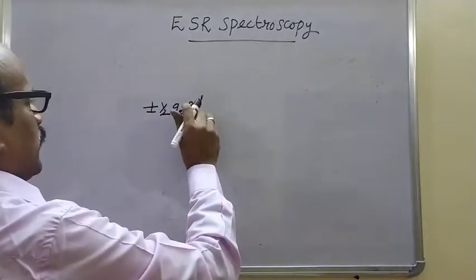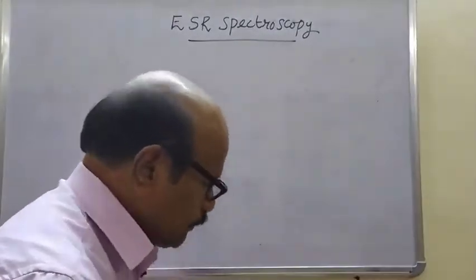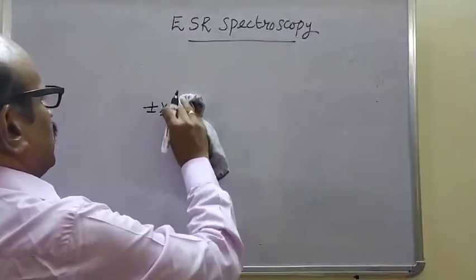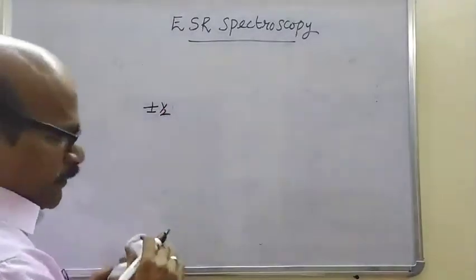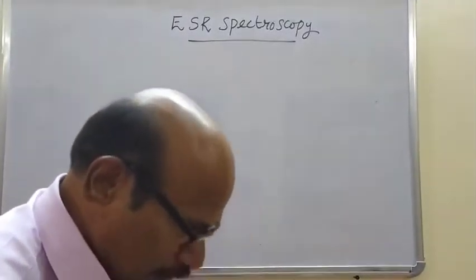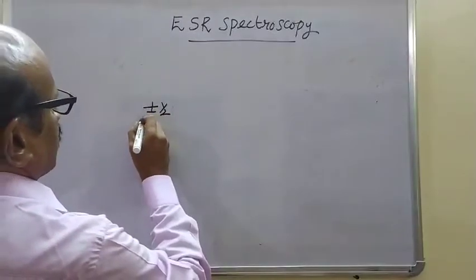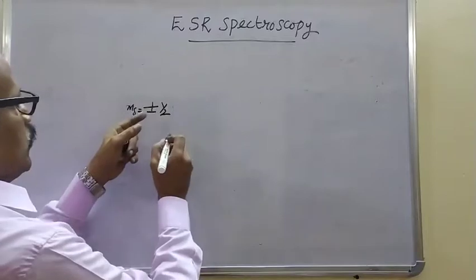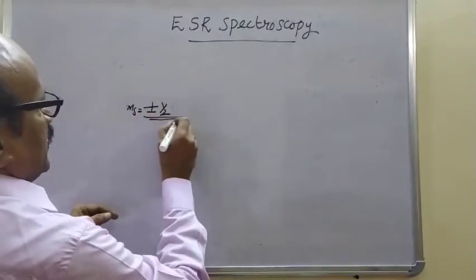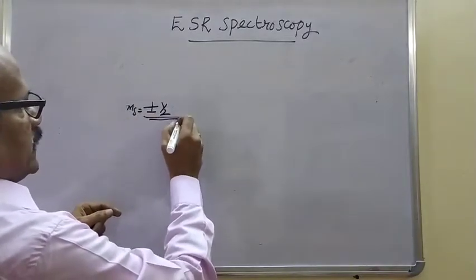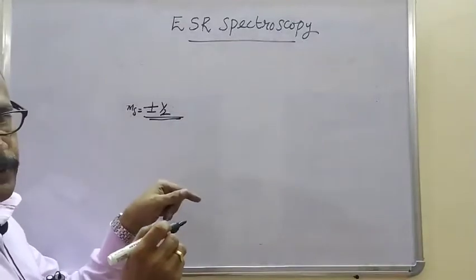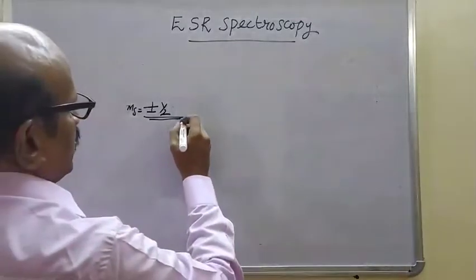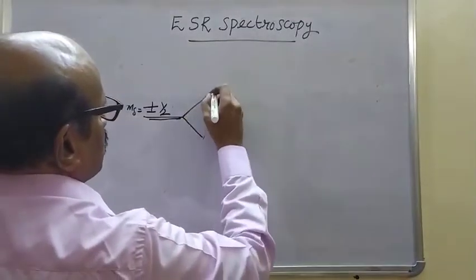Under the influence of an applied magnetic field, this plus or minus spin moment is split into two energy levels. The spin energy level corresponding to ms equal to plus or minus half, which is otherwise degenerate in the absence of the applied magnetic field, is now split into two components.